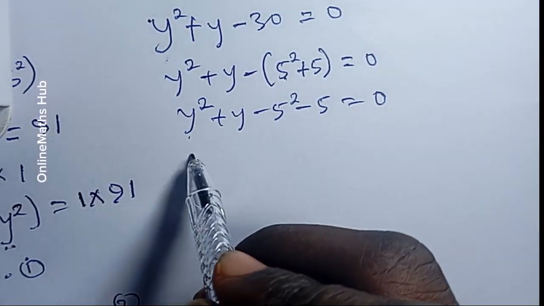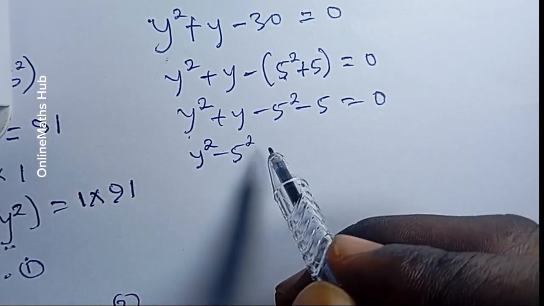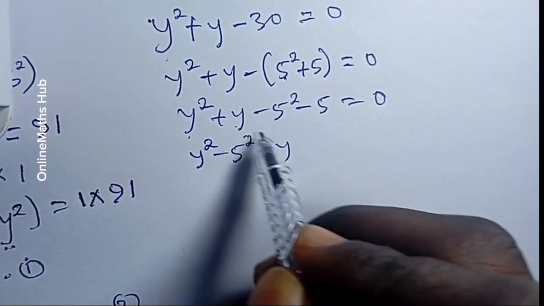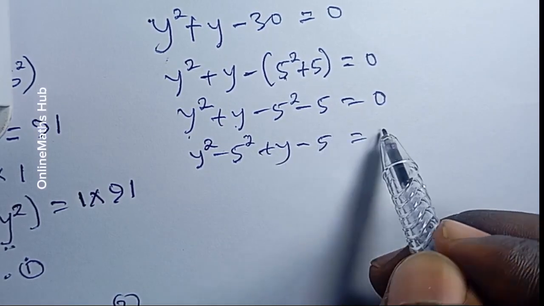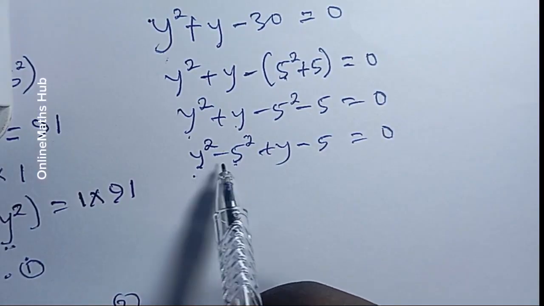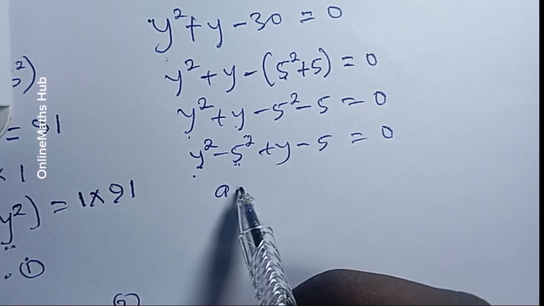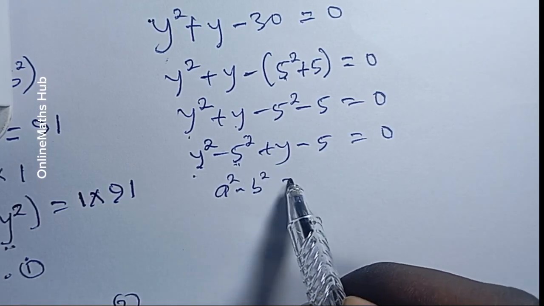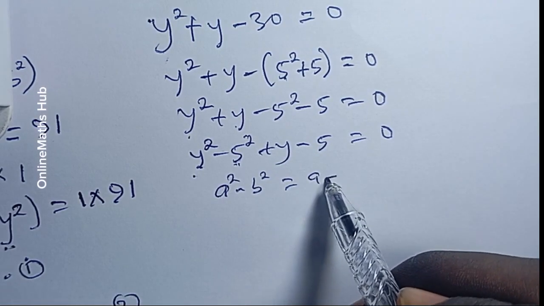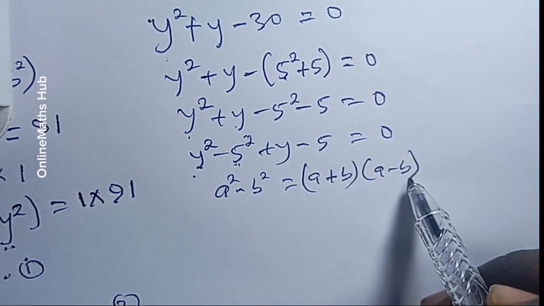So bringing like terms together, I have y squared minus 5 squared, plus y minus 5 is equal to 0. You can see this is the difference of two squares, and if you can remember, a squared minus b squared is equal to a plus b, multiplied by a minus b.